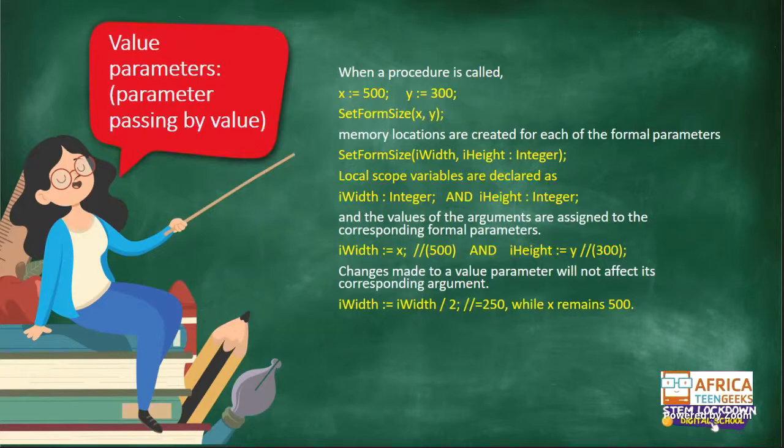X still remains 500. It doesn't change at all from the button's perspective. It's the formal parameters with the value parameters that have been assigned to them that change, nothing else.